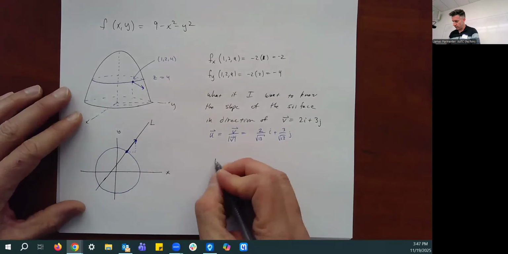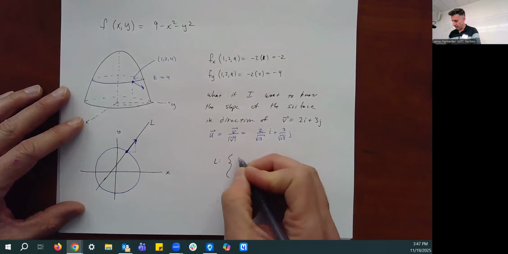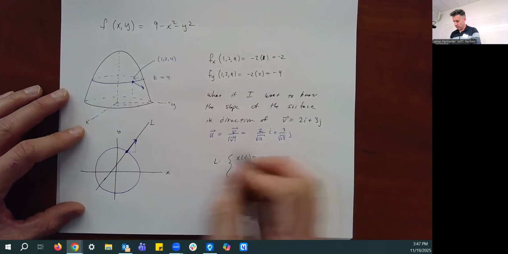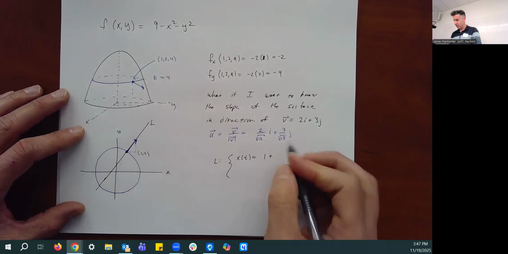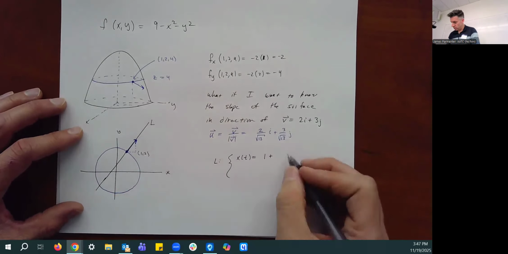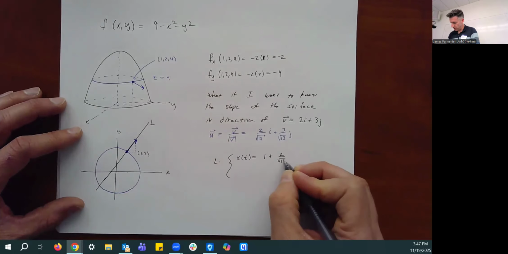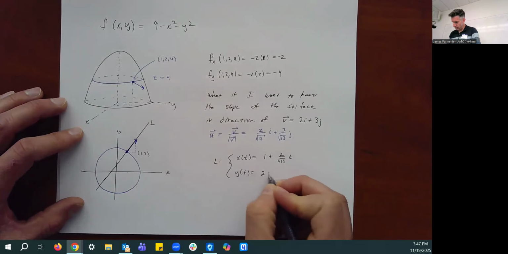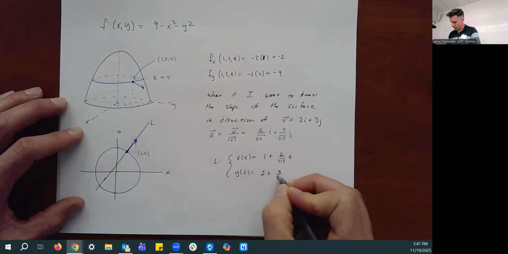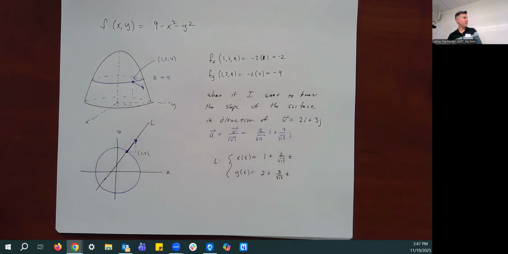Our line equation is going to be that x of t is, well, that point there was 1, 2, so it's going to be 1 plus how much we're moving in the x direction, which is 2 over root 13 times t. My y of t is going to be 2 plus 3 over root 13 times t. And that will give us any point on this line.